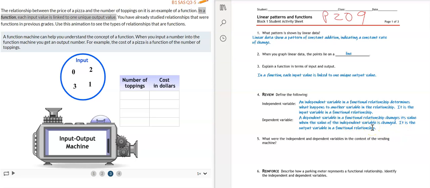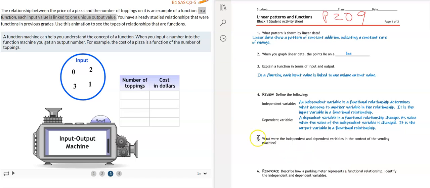It is the output variable in a functional relationship. So, when the independent variable changes, the dependent variable will also change. So, it depends on what you put in for the independent variable.